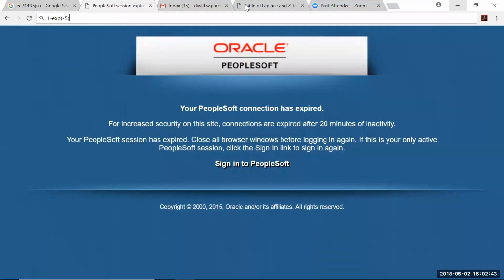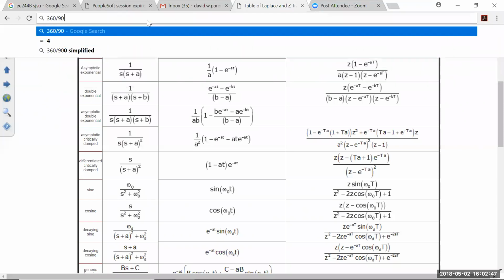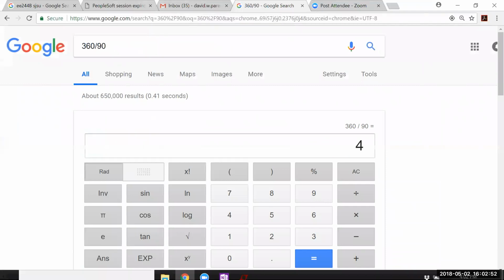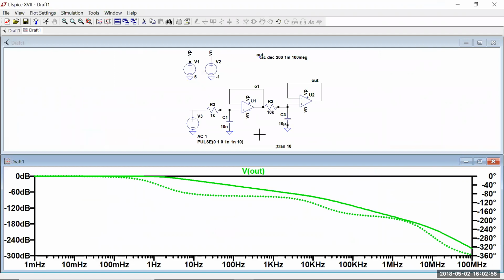Okay, so you just say 360 divided by 90. It's a fourth order circuit. 1 RC, 2 RC. Should be second order, right? What about the op amps?